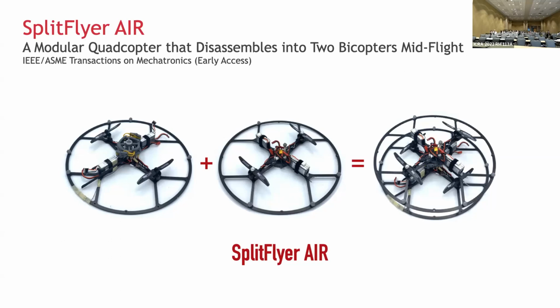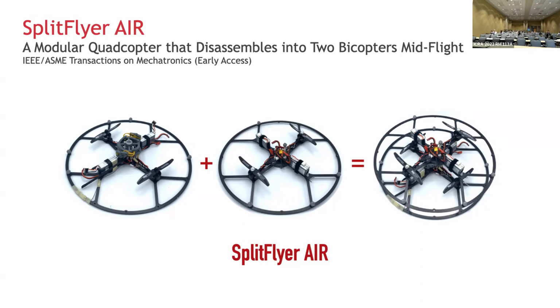So I'm going to show you a quick spin-off work from this paper, which has also been recently published in TMED. So we show that a robot with two actuators can fly, and so we thought of doing something else as well, by looking at quadcopters and looking at bicopters.